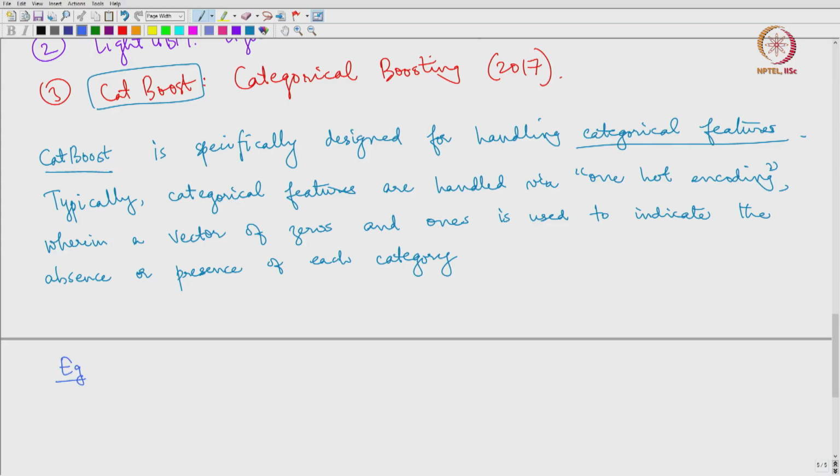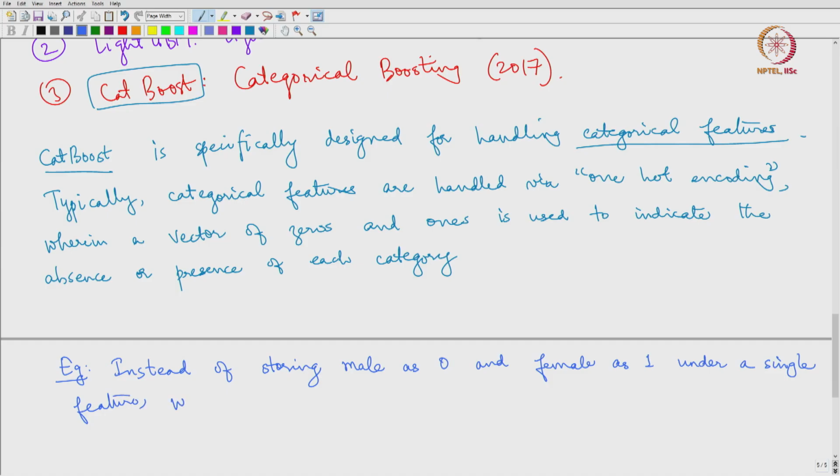So, an example could be, let us say you are talking about the gender of a person. So, instead of storing male as 0 and female as 1 under a single feature called gender, we use two separate features, male and female, in one hot encoding.